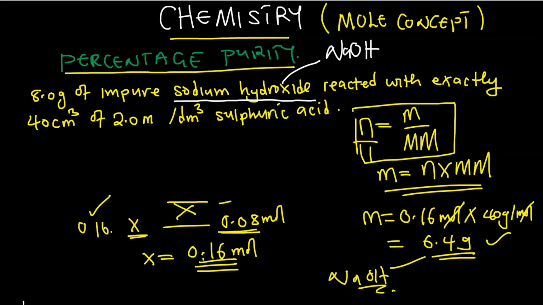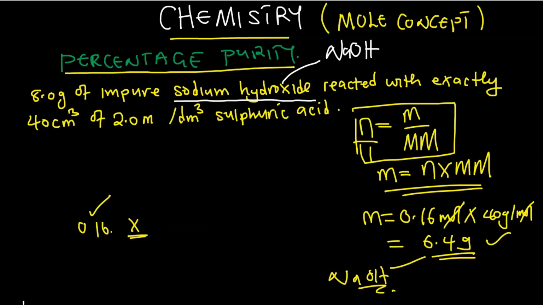Remember, the main reason for this lesson is to look at percentage purity. So the next question that we expect is to calculate the percentage purity of sodium hydroxide. Now percentage purity, let us write it like this.